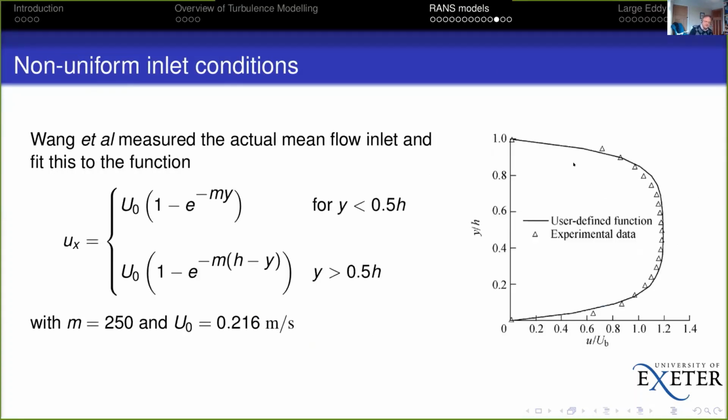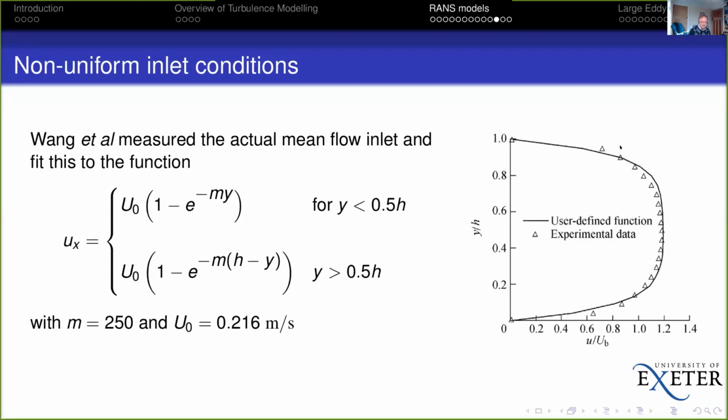At that point, I decided I'd get a little bit fancy, because in Wang's original paper, they've actually specified the actual mean flow inlet profile, and they fit this to a two-piece exponential function, which gives an inlet profile looking like this.